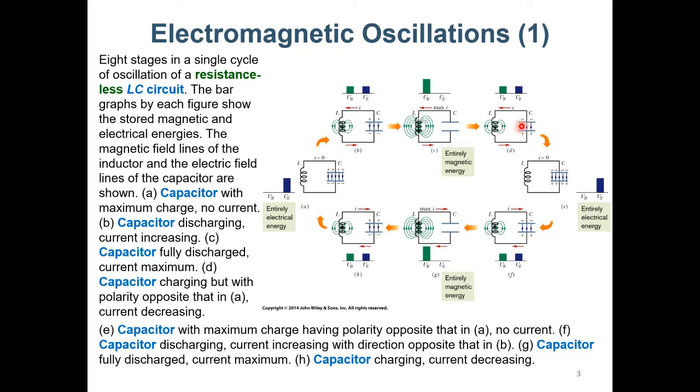Then the current will decrease, until at a specific moment half of the energy turns back into the energy stored in the capacitor, and then all the energy goes back to this state, but for this case, the top plate is positive and the bottom plate is negative, while for this case, the top plate of the capacitor is negative and the bottom plate is positive.